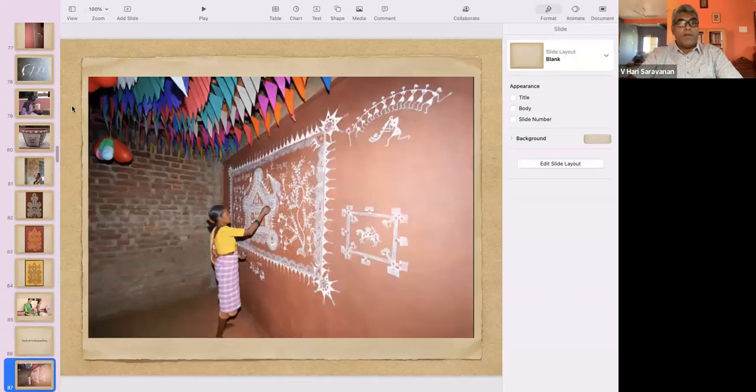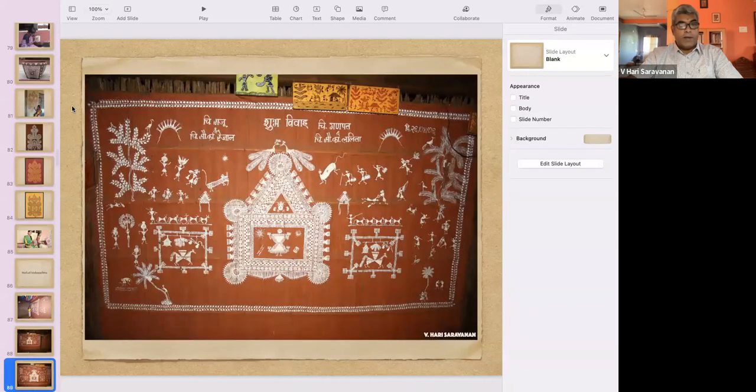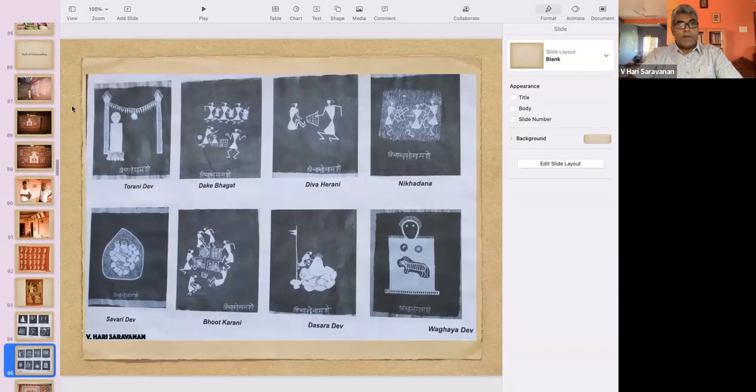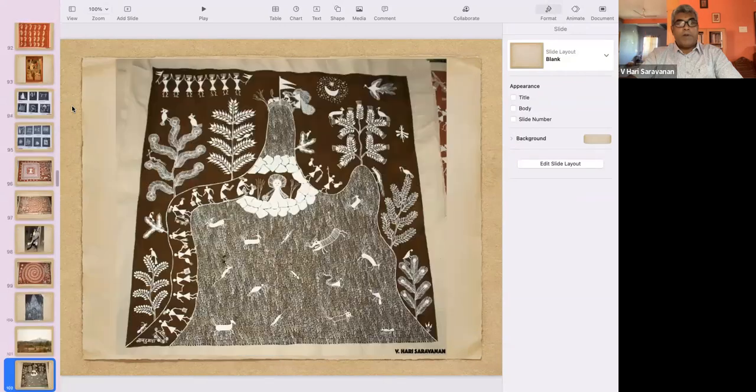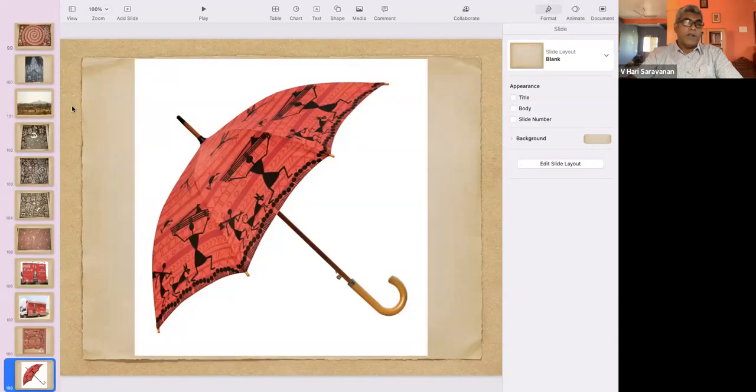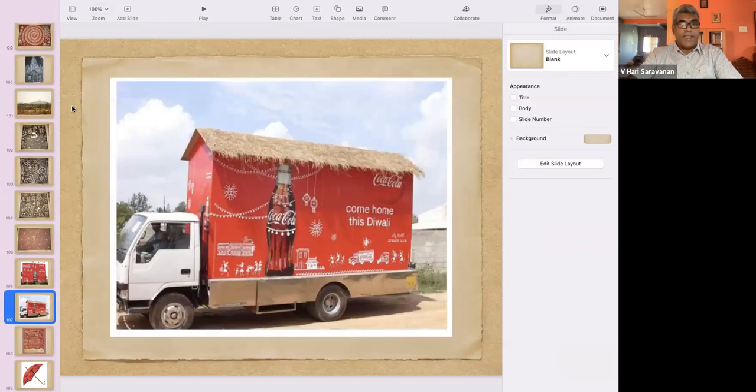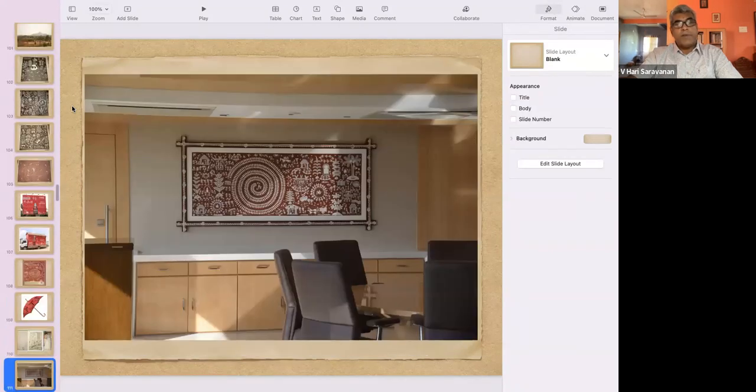Then we went on to Warli, wall painting of Maharashtra. We saw some of the master artists over there, followed by how the commercial element of the art form has taken place in modern times.